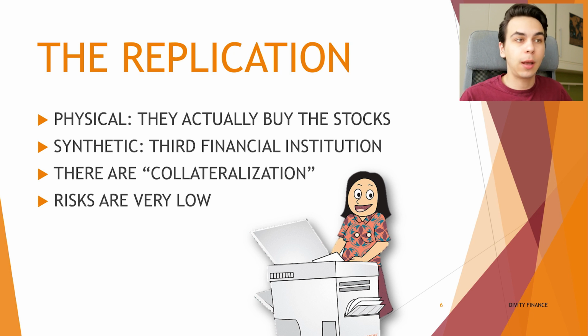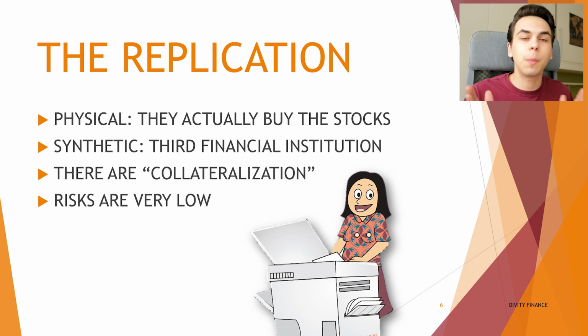Therefore, if the company that gives you the returns of the index fails, you may have some problems with that. Thing is, after 2008, it's not much of a problem anymore because there are the so-called collateralizations. Therefore, the company that makes the ETF is completely protected, and even if there should be the chance that the third party should go bankrupt, there is no need to panic.